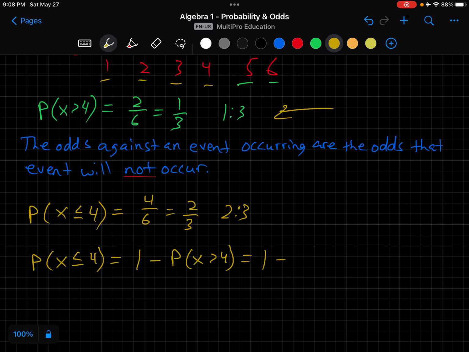So we could do 1 minus 1/3, which equals 2/3. Or we could say 2 to 3. And that's saying the same thing here.